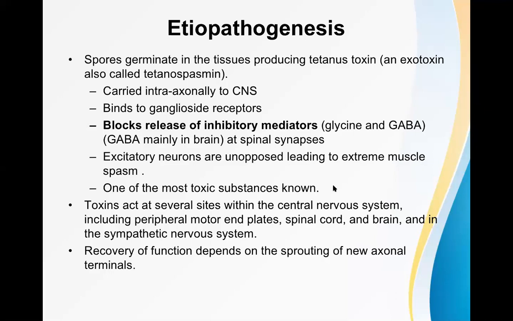Exotoxin can be produced by both gram-positive as well as gram-negative organisms, and it is produced by living organisms. Means they are still proliferating, still surviving, actively multiplying, and during that time only they can release exotoxin. But endotoxins are mainly produced after the disintegration of the bacteria.